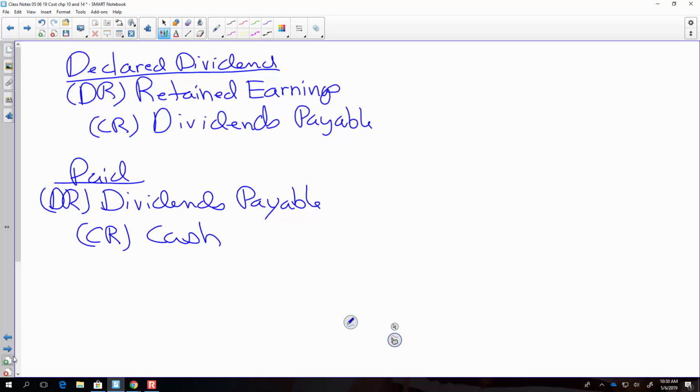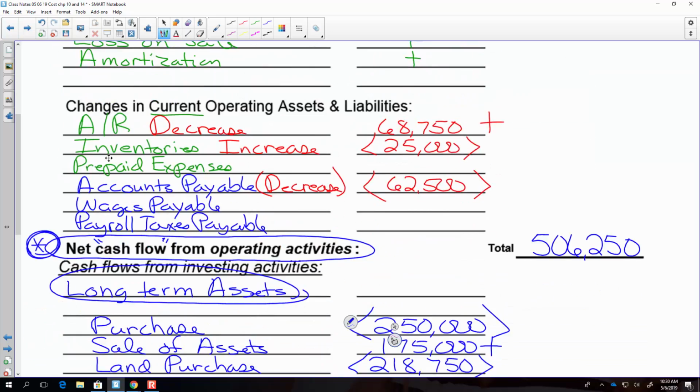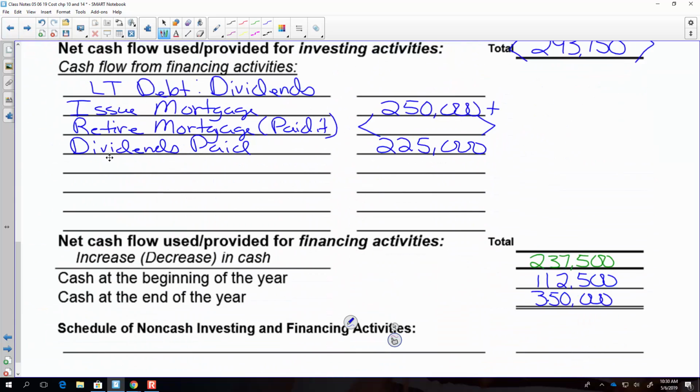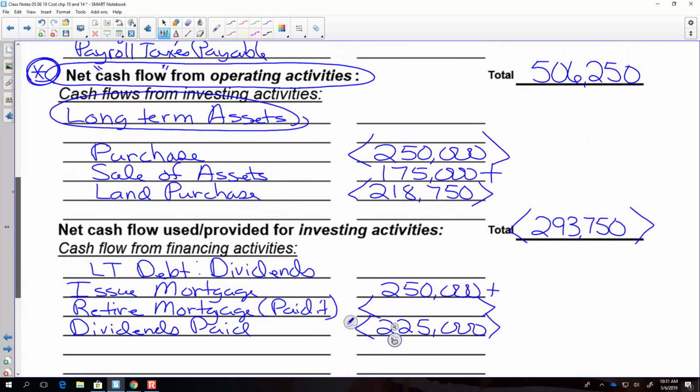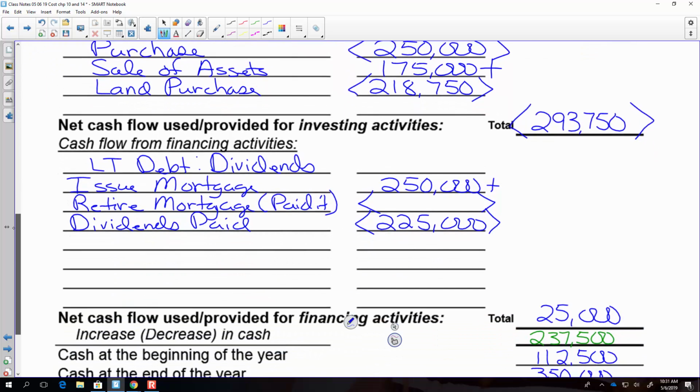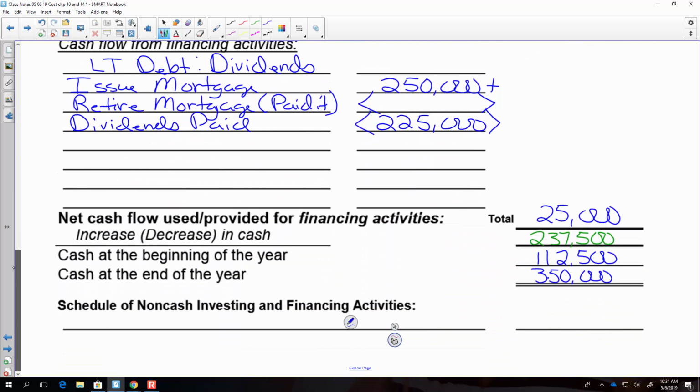Good. Did we finish? This is a net of, oh, this is another negative. So I'm at a positive 25. So if I start with 506,250, subtract 293,750, add 25, do I get my green number?